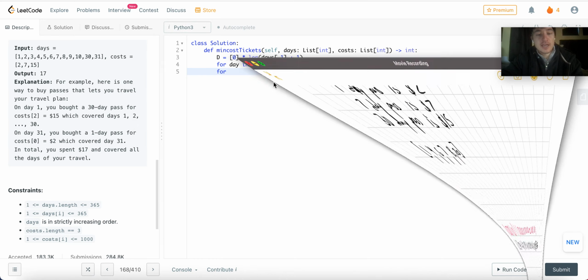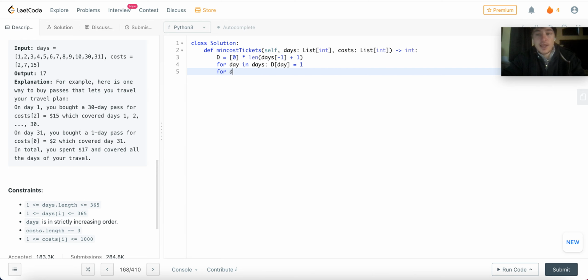And then we just need to look at each day in the range. So each day in range length of D. So we look at each day, and then we say, okay, well, the D of this day, if this day is some day we have to travel, so its bit is set to 1, well then, or we could do it this way.